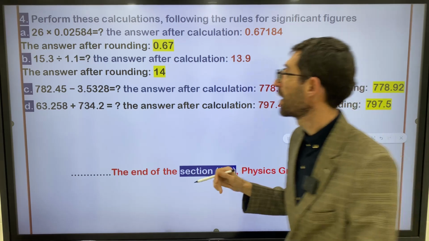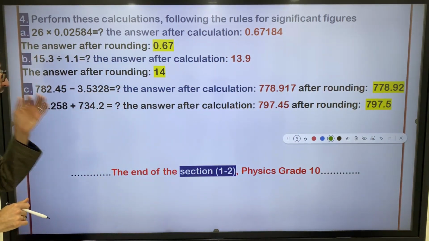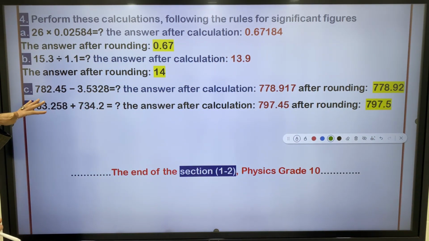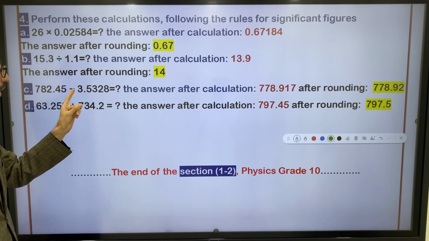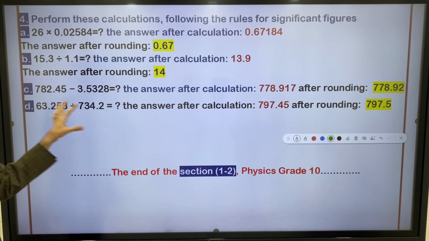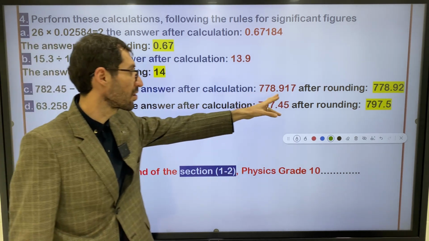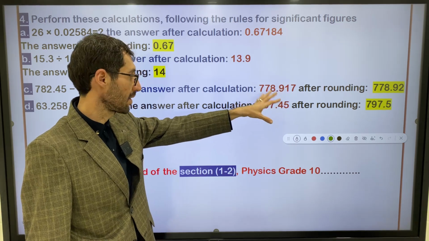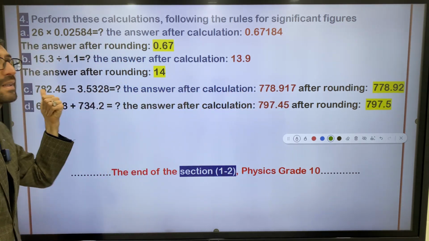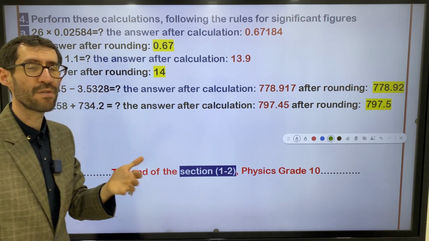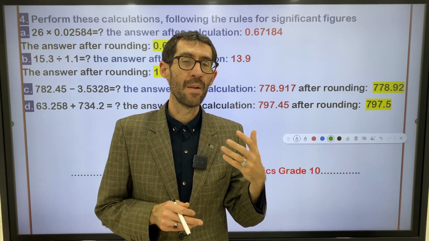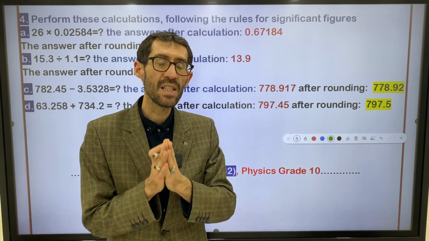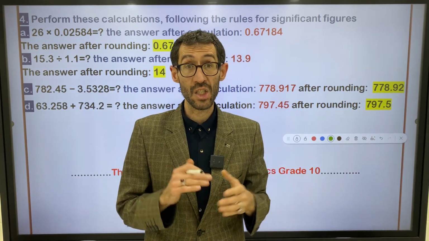About the last one, excuse me, before the last one, we have 2 more questions. 782.45 divided by 3.5328. After calculation, you get this result, right? Here we have subtraction. In the case of subtraction and addition, we obey a different rule. The situation is different from multiplication and division.